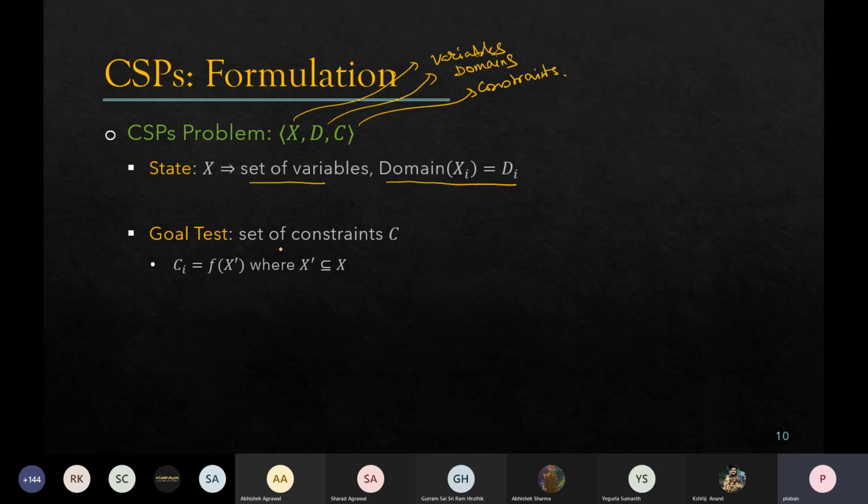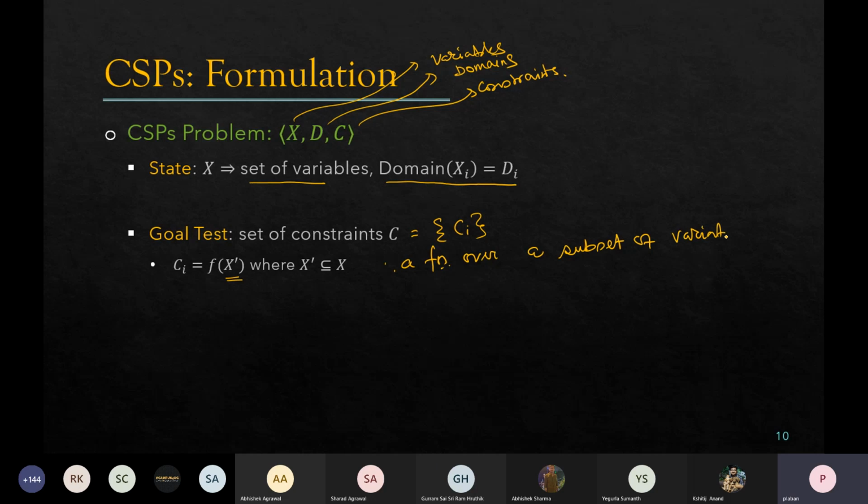The goal test function is basically a set of constraints, say ci, and each ci is a function of x prime. And what is x prime? X prime is a subset of the variables. So basically, I'm defining the constraints to be a function over a subset of variables, right?